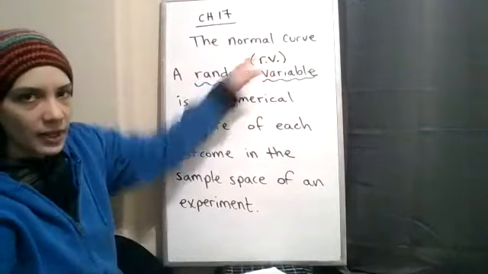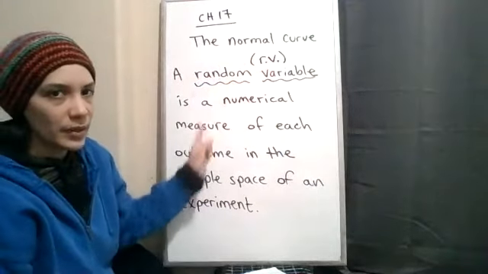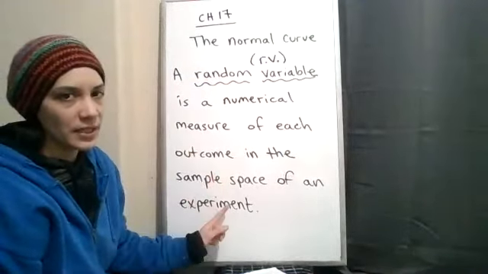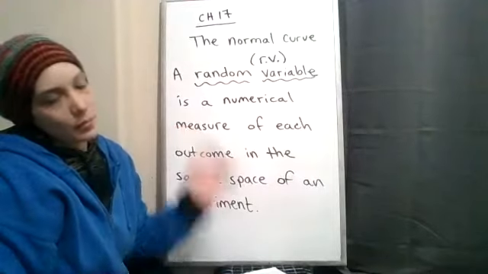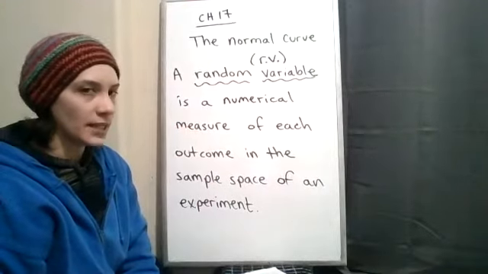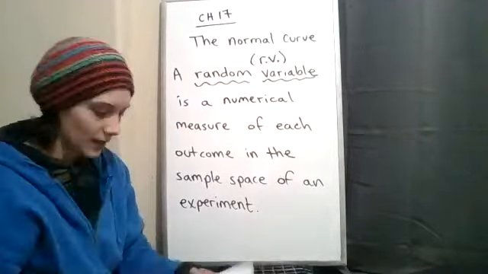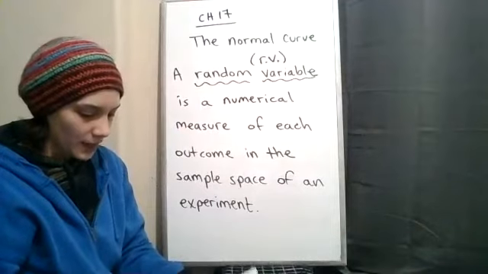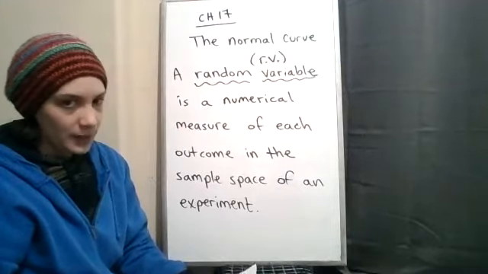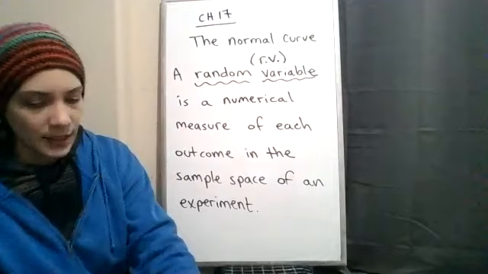If you ever see RV, it means random variable. So the variable that we're using to measure outcomes from the sample space, to measure the chance that each outcome will occur. A little bit more to set up.